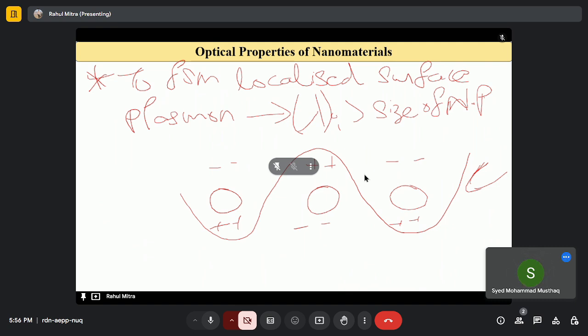The wavelength can range from 1 meter to 1 centimeter. They have very high wavelengths and very low frequencies, so they do not have much effect on the nanoparticles.